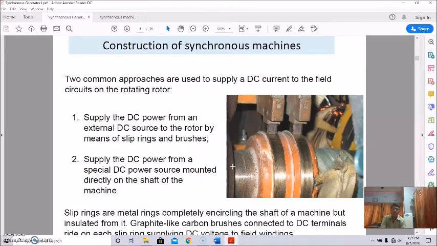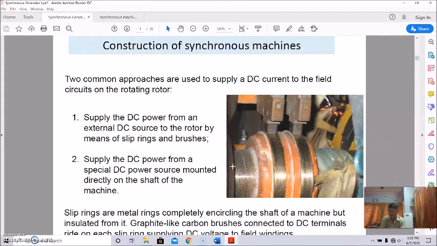And common approaches are used to supply DC current to the field circuits on the rotating rotors. So supply of DC power from an external DC source to the rotor by means of slip rings and brushes, or supply of DC power from a special DC power source mounted directly on the shaft of the machine.